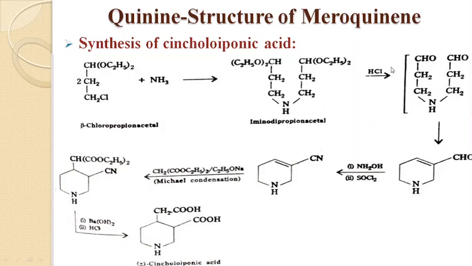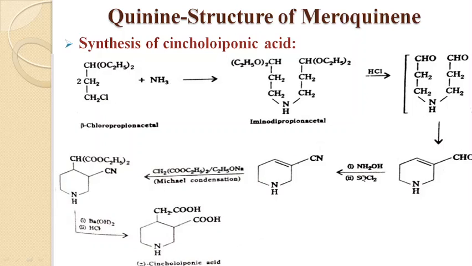With the help of NH3 and in the presence of HCl, the acyl group is removed and converts into a CHO group, which is unstable and again undergoes dehydration and forms this unsaturated compound with a double bond and a CHO group.